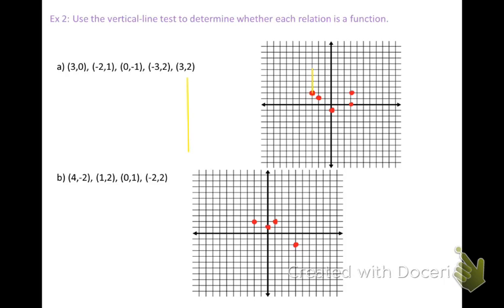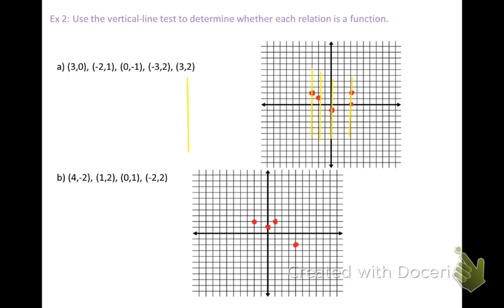So if I look at the first point, and I have on each of these lines, okay, on the first line closest to me, it has 1 point. So that's okay. The second line has got 1 point. That's still okay. Third one, I have 1 point on it. That's still okay. But on the fourth line, I have 2 points on the same line. So that is telling me it is not a function.